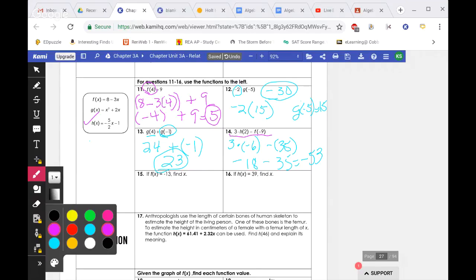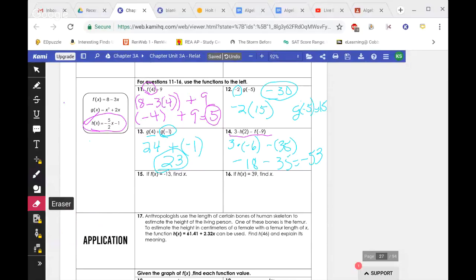So h is this one right here. What it's telling me is I have to plug in a 2 over here. So that's the first value I have to get. So I've done that. Did I lose you in getting the value? Should I redo that part?